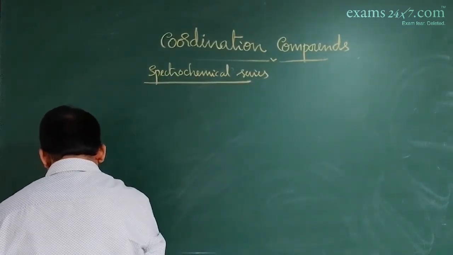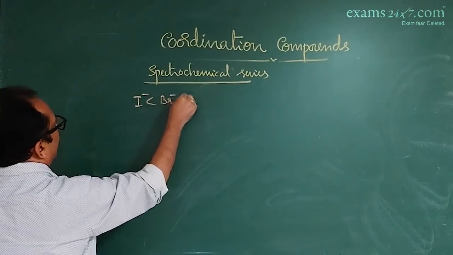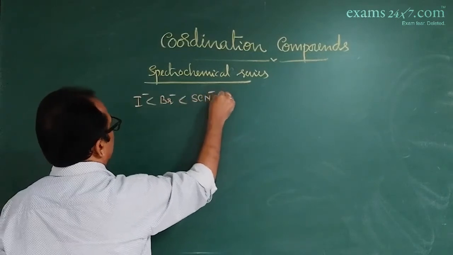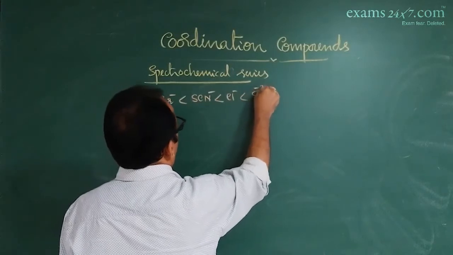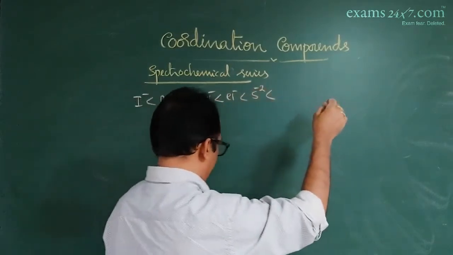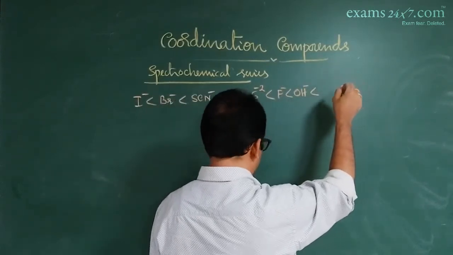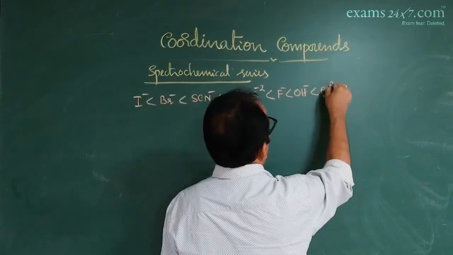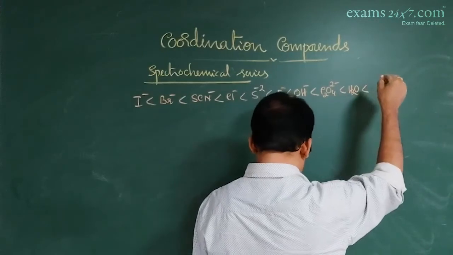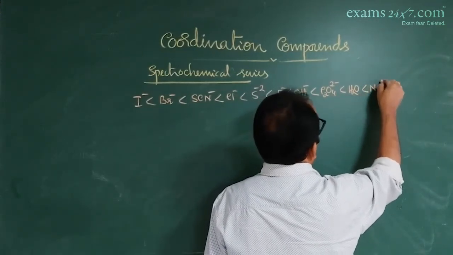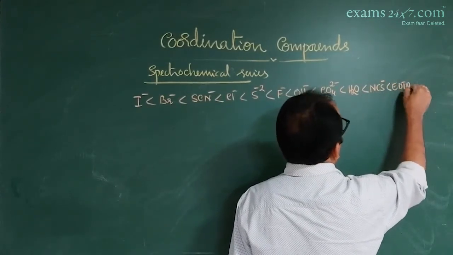From weak field ligand to strong field ligand: I-, Br-, SCN- (thiocyanate), Cl-, S2-. All these are weak field ligands. Then F-, OH-, C2O4 2- (oxalato), H2O. After H2O, NCS-, EDTA.